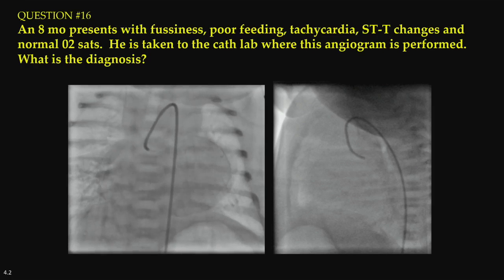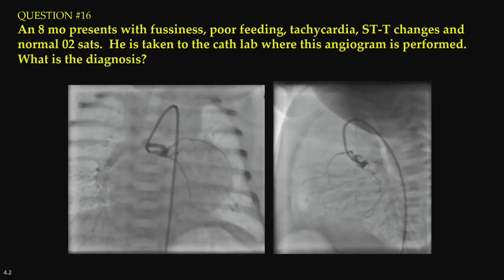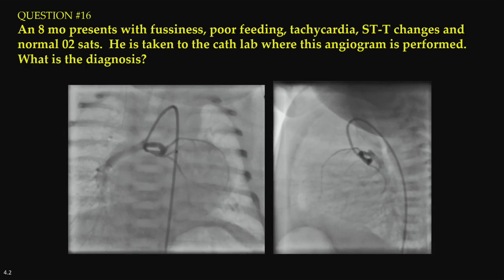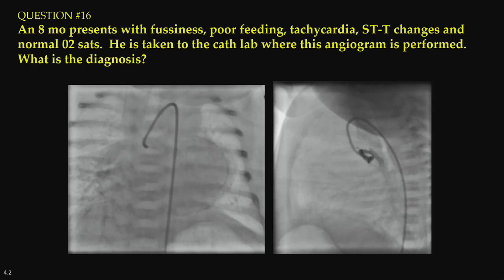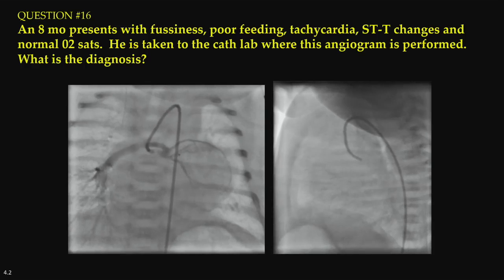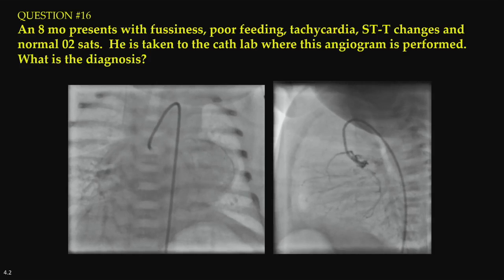Okay, so an 8-month-old presents with fussiness, poor feeding, tachycardia, ST changes, and normal sats. He's taken to the cath lab where this angiogram is performed. What is the diagnosis? Pay attention to the catheter course, where the catheter is that you're injecting, and then what you see.